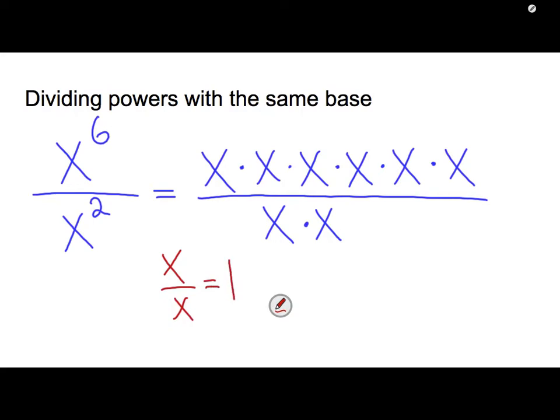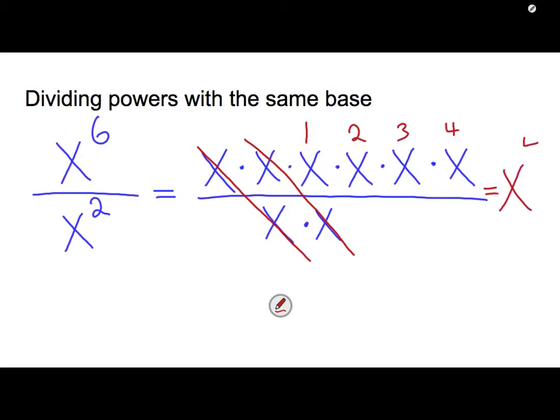So we can cancel out a few of these x's pretty easily. I've got an x divided by an x right there. Those are gone. X divided by x right there. Those are gone. So I'm just left with x times itself 1, 2, 3, 4 times, which would give me x to the power of 4.